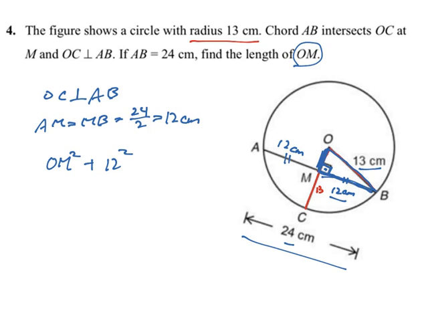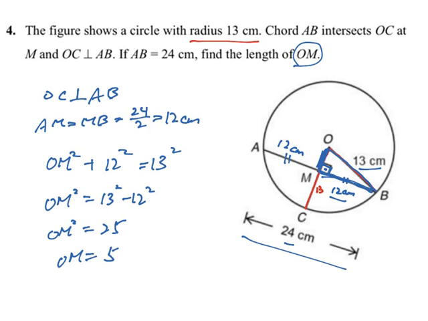So sum of the squares is equal to the longest length, 13 square. So OM square is equal to 13 square minus 12 square, because OM we need to find. So it is 25. So we remove the square, we take the square root. Because it is length, we will consider positive 5 only. So it is 5 cm.